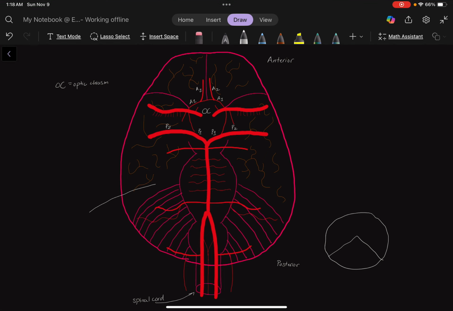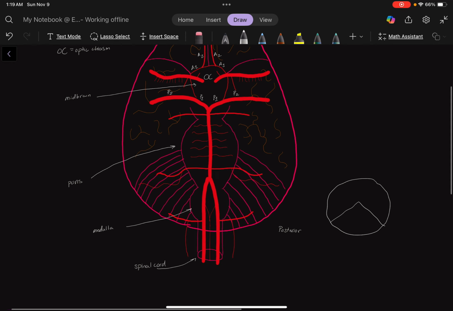This right here is the pons. And this right here would be where the midbrain is located, okay? And of course, this right here would be the medulla.